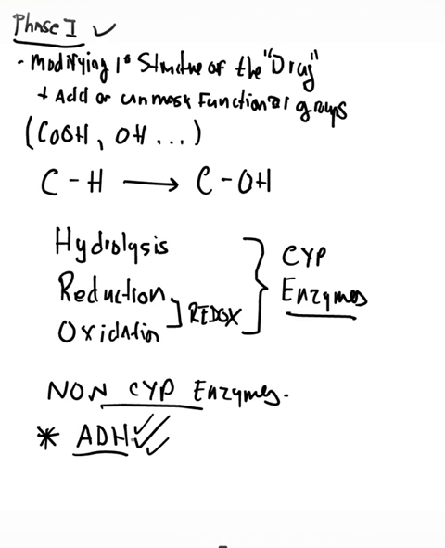I would make the assumption that this would come up. So this is certainly important in a non-toxicological context as well. Okay, so those are your phase 1 reactions, and then your phase 2 reactions. The phase 2 reactions are all what we call conjugation.